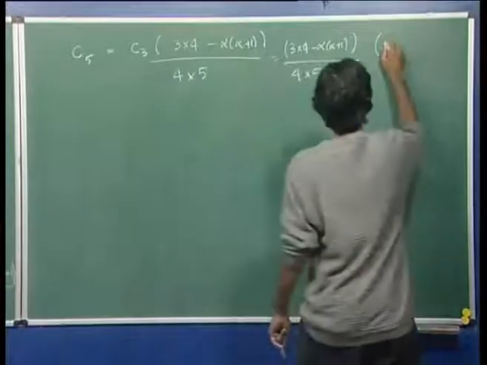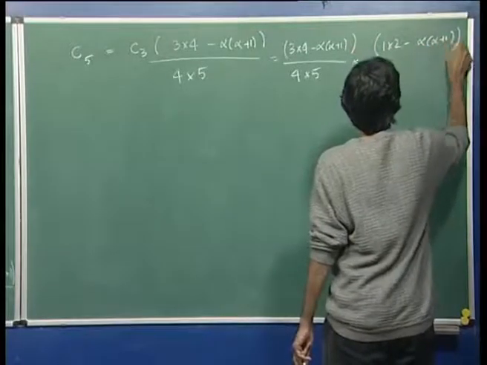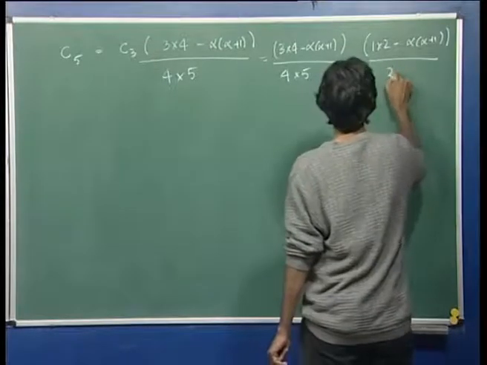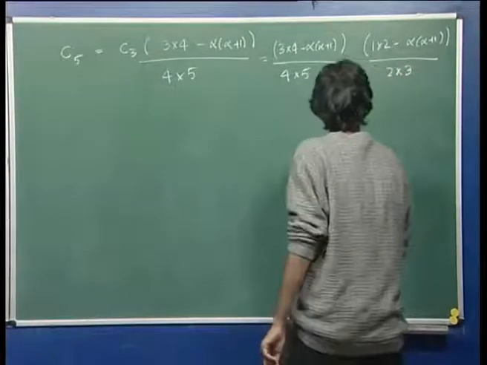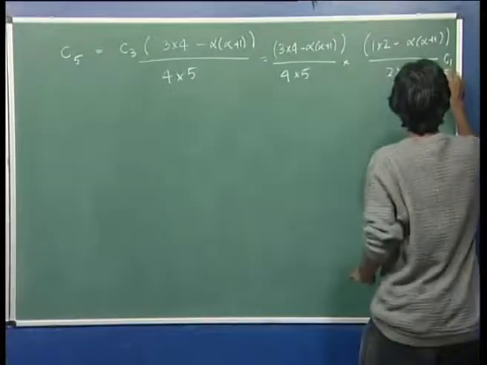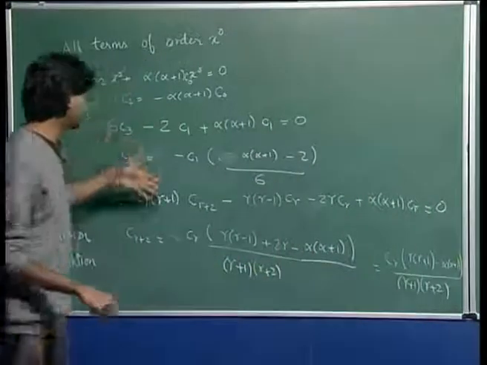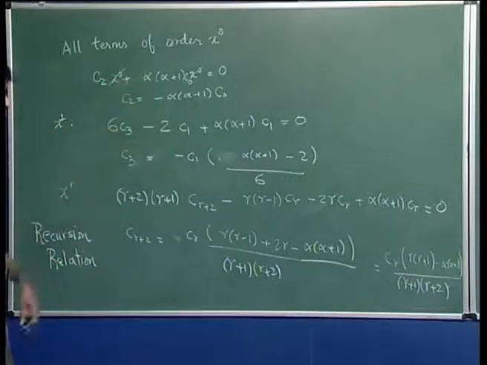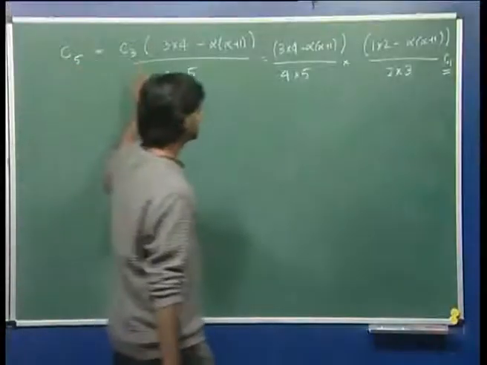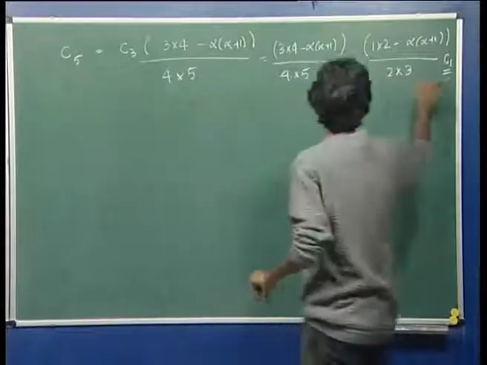So, 2 is 1 into 2, divided by 2 into 3. Okay. And this whole thing now will multiply C1. But notice you cannot write C1 in terms of anything else. So, what we wrote is that C5 is proportional to C1.